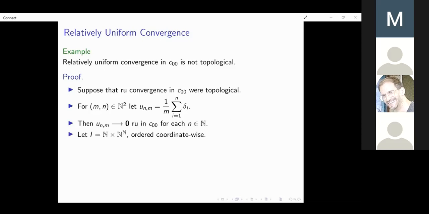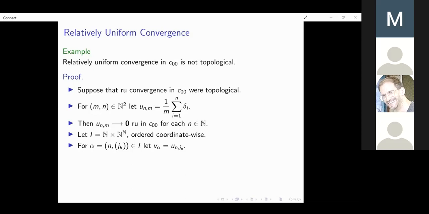Now we're going to create a new net. We make our index set the natural numbers cross sequences of natural numbers, everything ordered component-wise. For an alpha, which is now a natural number n and a sequence j_k of natural numbers, we let V alpha be U_{n,j_n}.